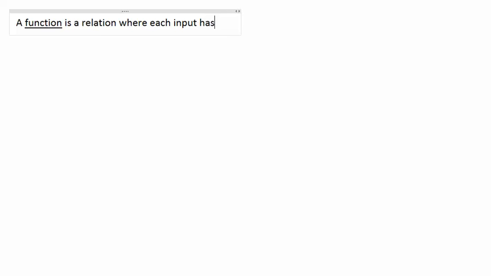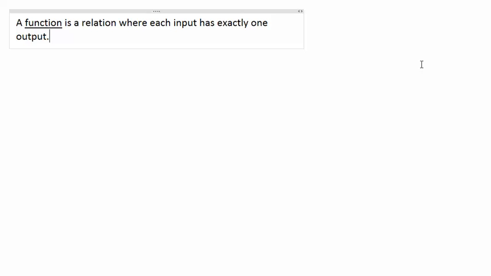So now let's define what's called a function, which is an extremely important topic in mathematics. A function is a relation, okay? So it describes a relationship between inputs and outputs. A function is a relation, however, where each input has exactly one output.